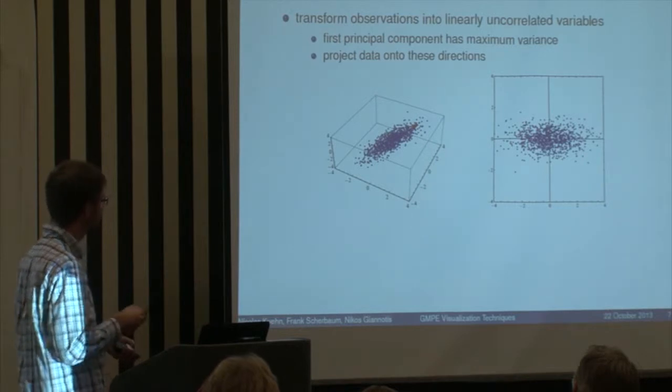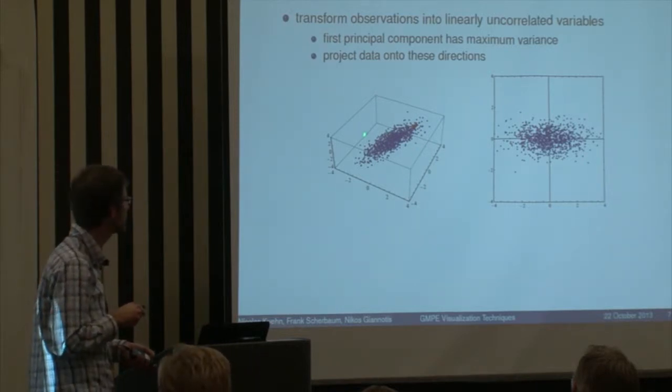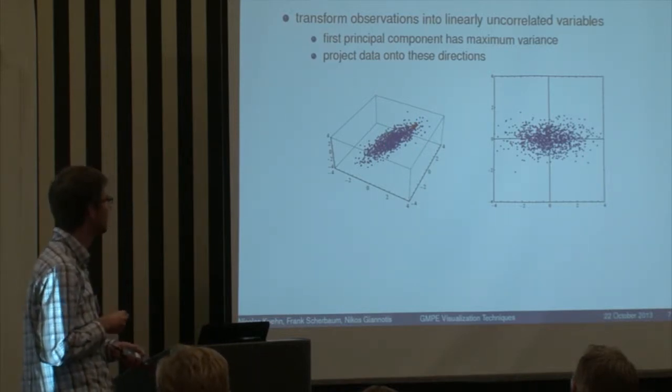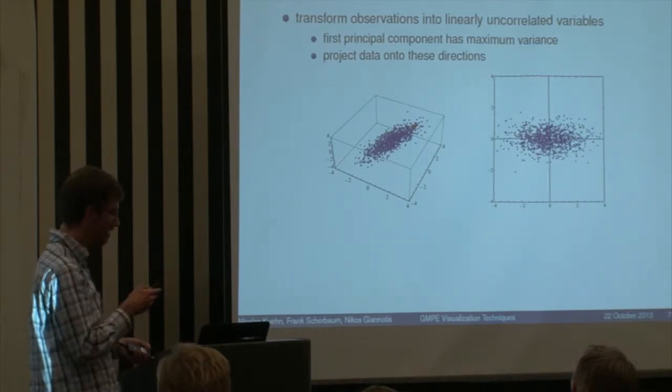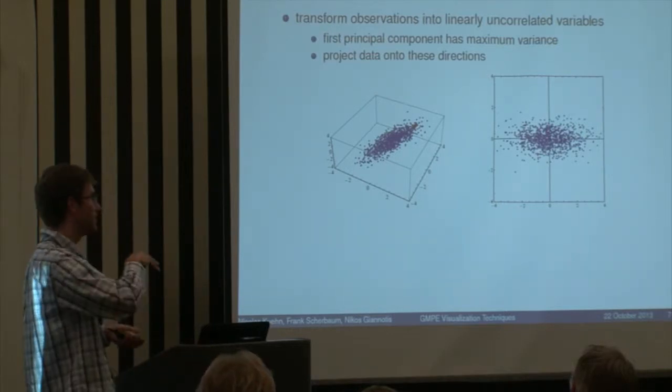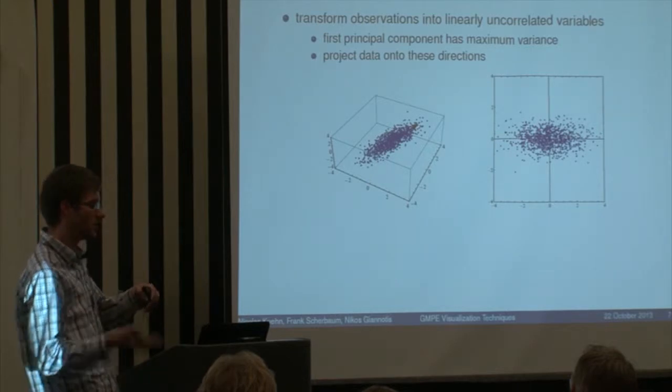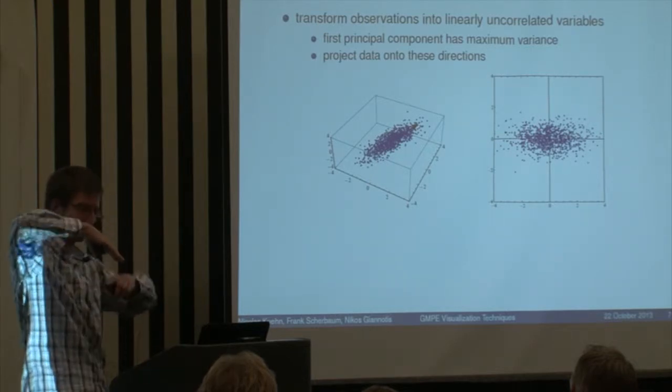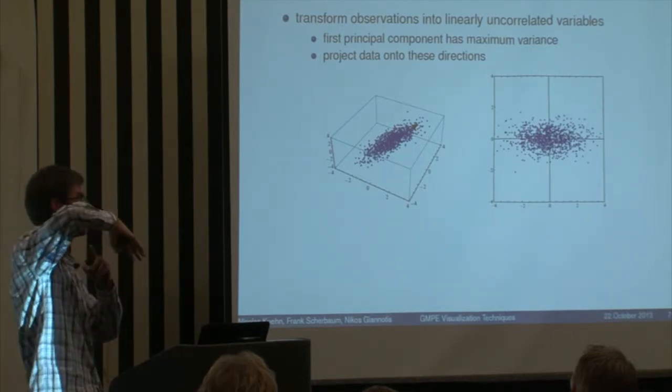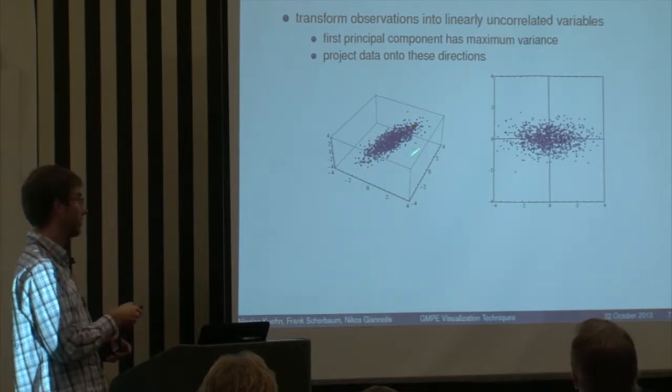But when we go in 3D, I hope you can actually see these two arrows there. This is basically the same data as before, but now in 3D, and it's tilted somewhere. But it's still basically a flat surface.